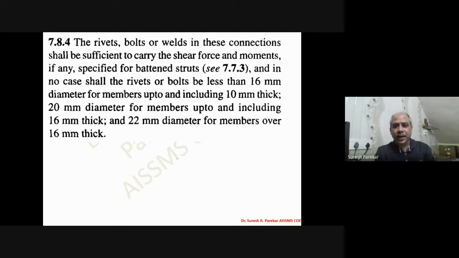And then depending upon the thickness of the batten, you have to provide the bolt diameter, but it should not be less than 16 millimeters. So we will not go less than 16 millimeters.